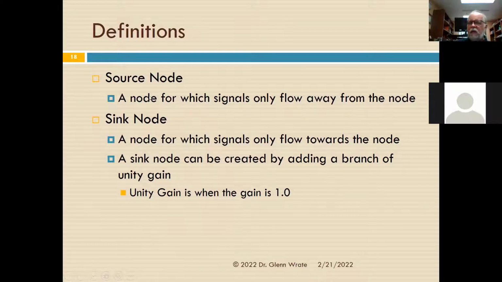We cannot do that with a source node. The source nodes have to exist before the problem starts. For the sink node, you can get any variable in the system just by putting a gain of 1 out to a dot outside of the network, and that will give you a sink node.